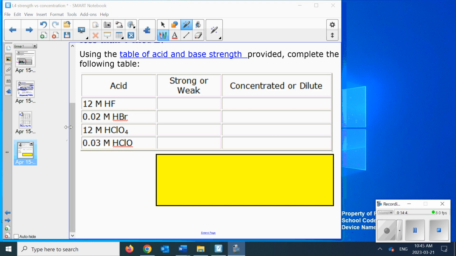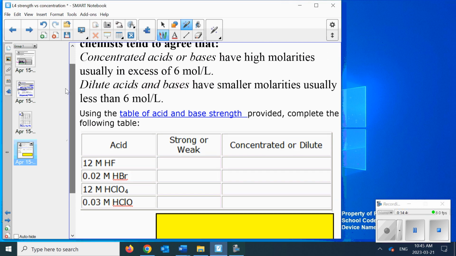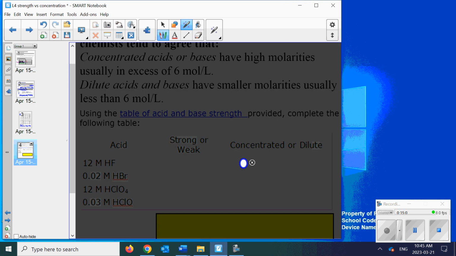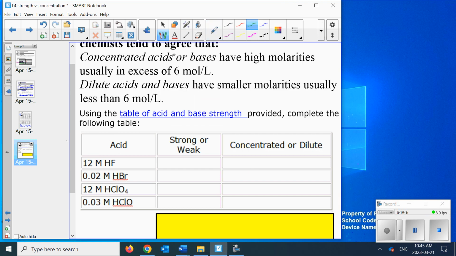Okay, we'll do one category at a time. I'm going to do concentrated or dilute first. That's strictly done by the concentration, moles per liter. 12 moles per liter HF. 12, bigger than 6, so I'm going to say it's concentrated. 0.02, definitely less than 6.